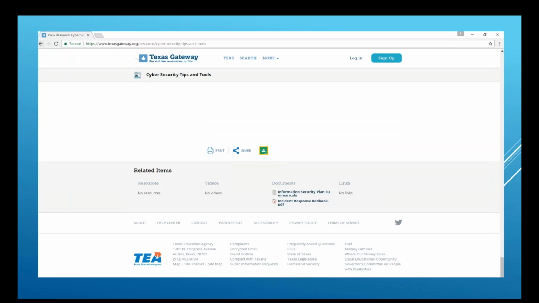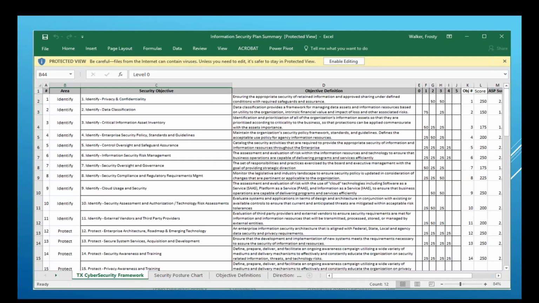If you download that Information Security Plan from that website and open it up, the first tab actually contains the cybersecurity framework and has all 40 of our security objectives in a spreadsheet format. The second tab has the security posture graph, and the third tab has a full objective definition.